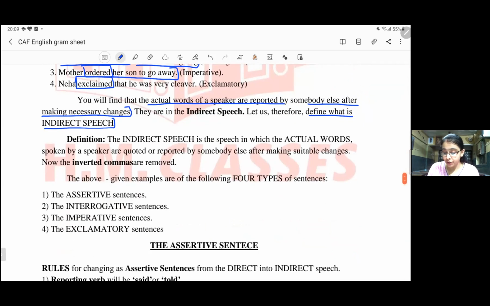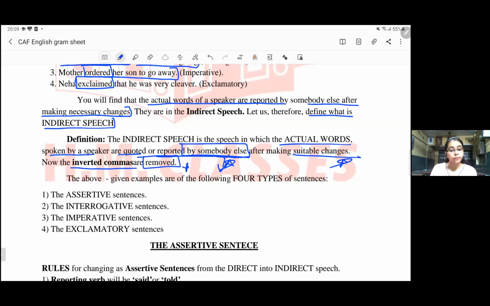Indirect speech is the speech in which actual words spoken by a speaker are quoted or reported by somebody else after making suitable changes, and the inverted commas are removed. Clear? The above given examples are of the following 4 types of sentences: assertive, interrogative, imperative, and exclamatory.